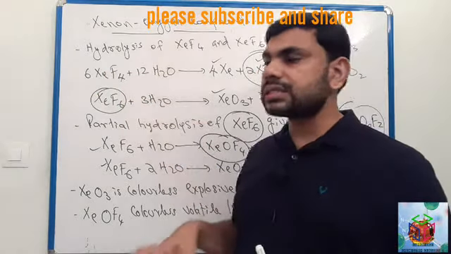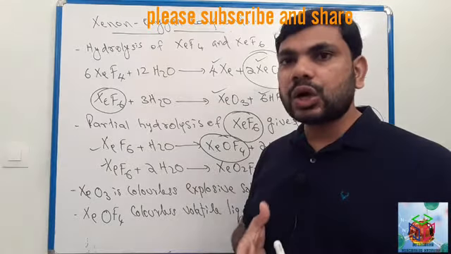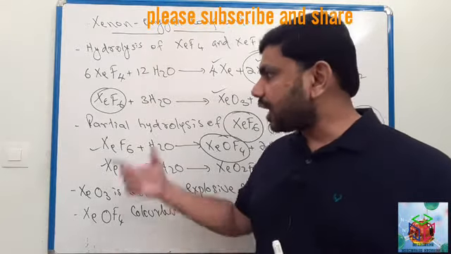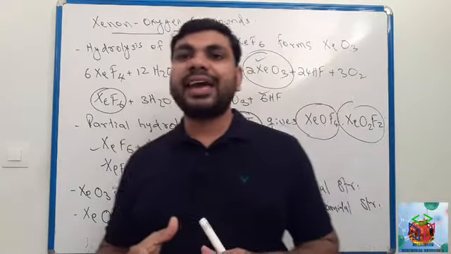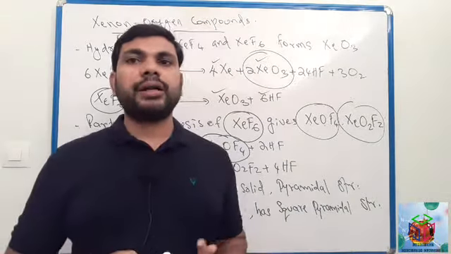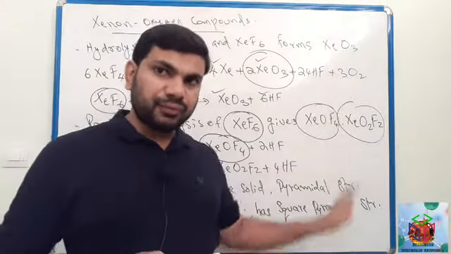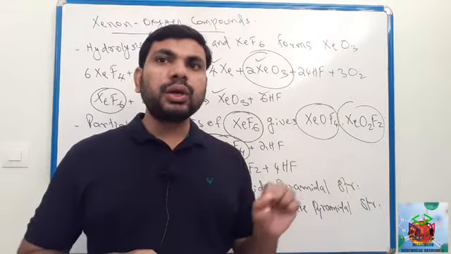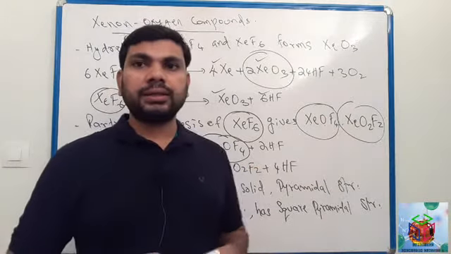On hydrolysis they produce XeO3, the xenon oxygen compound. Partial hydrolysis of XeF6 produces xenon oxyfluoride. Xenon oxyfluoride means XeOF4 and XeO2F2.